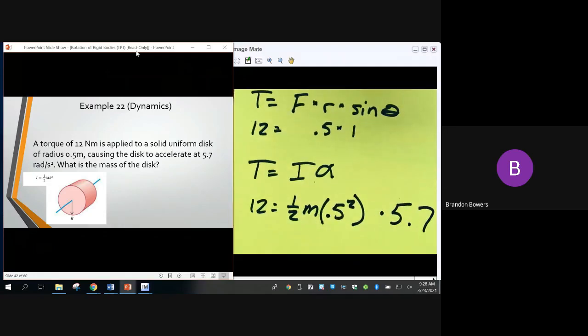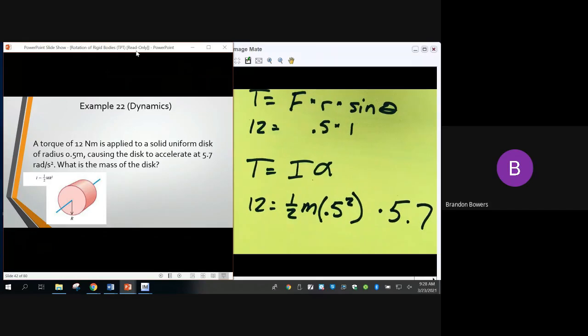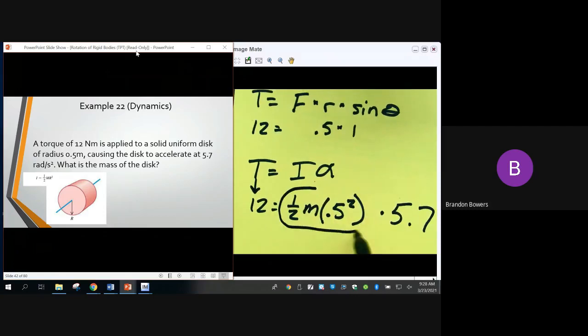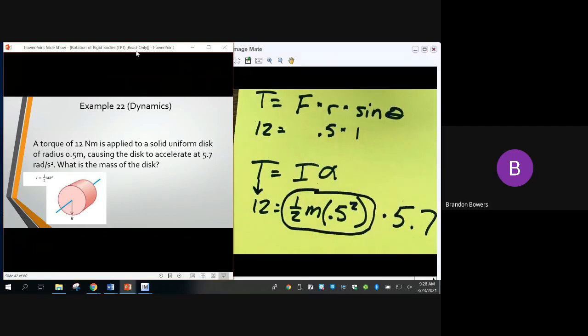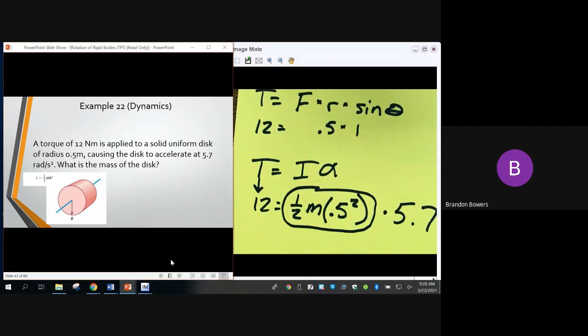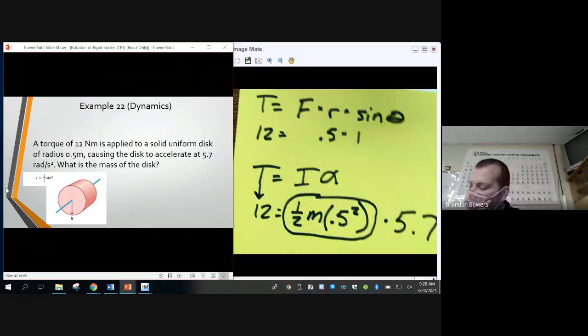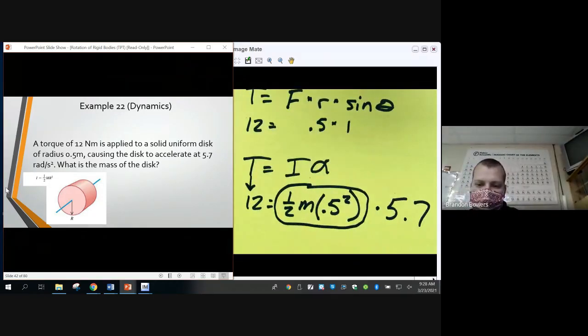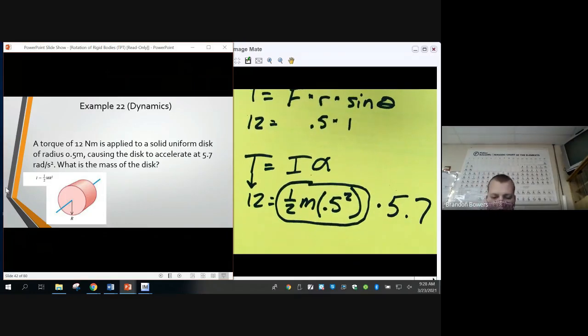Okay, so torque equals inertia, this is all my inertia, 1/2 m r squared, and then times my acceleration. So let's solve for mass. Let's do it.